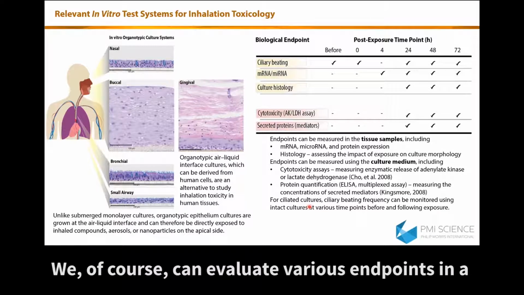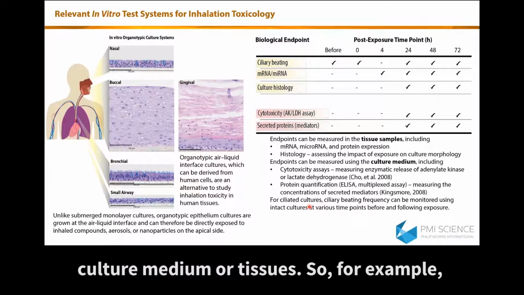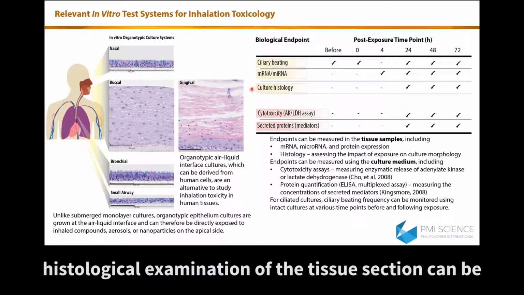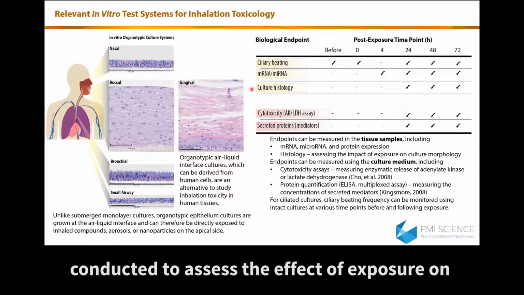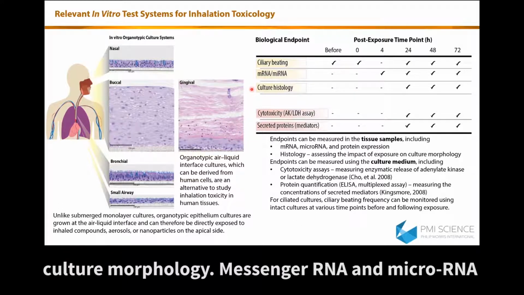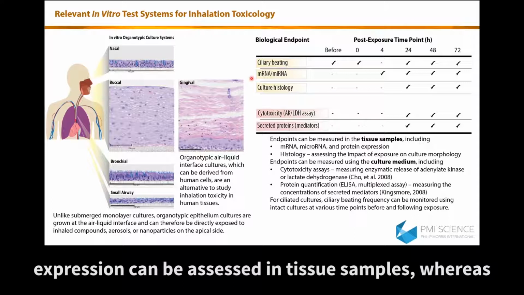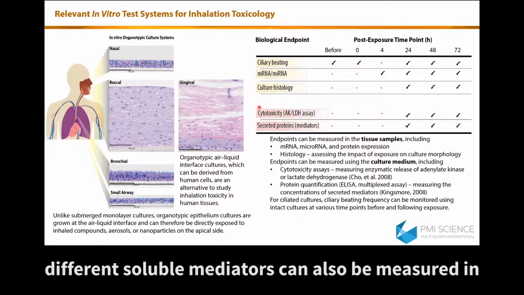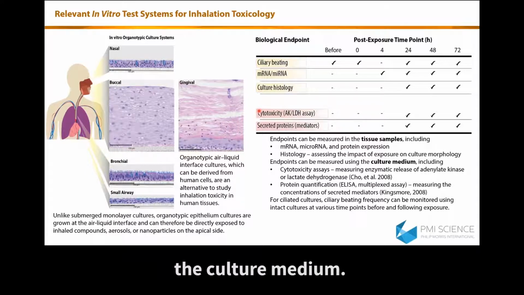We, of course, can evaluate various endpoints in the culture medium or tissues. So, for example, histological examination of the tissue section can be conducted to assess the effect of exposure on culture morphology. Messenger RNA and microRNA expression can be assessed in tissue samples, whereas different soluble mediators can also be measured in the culture medium.